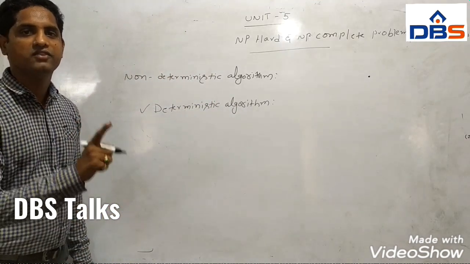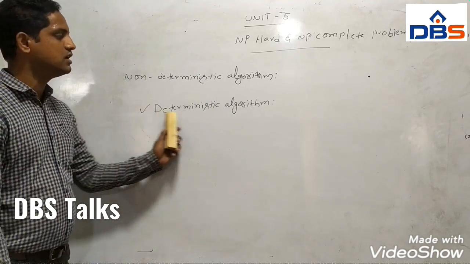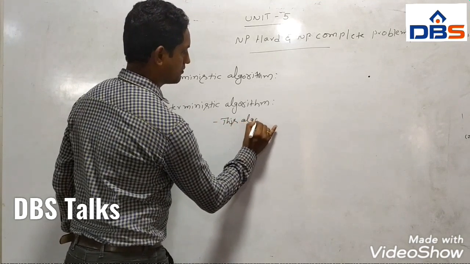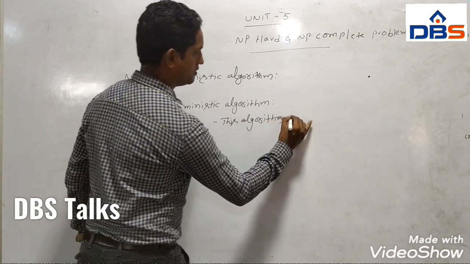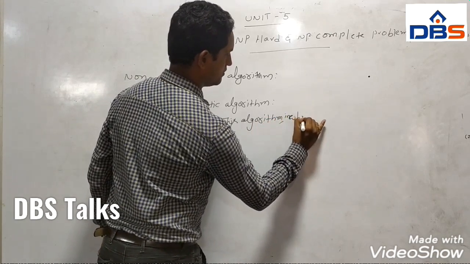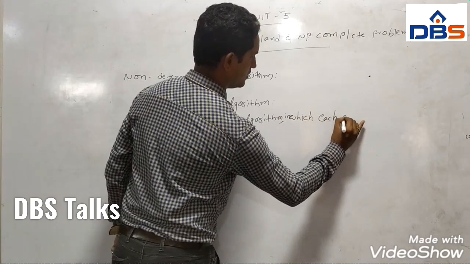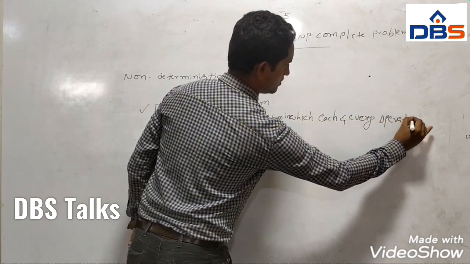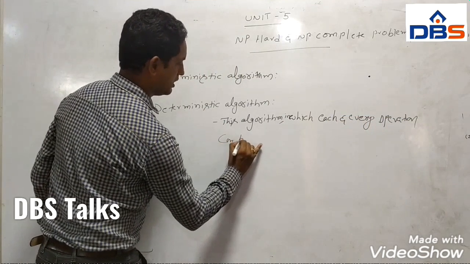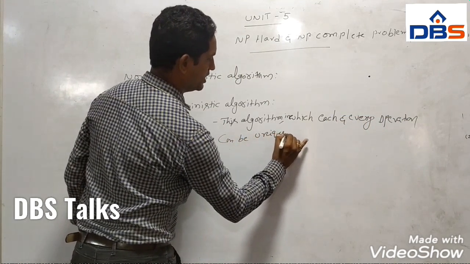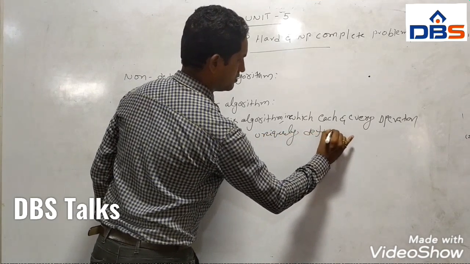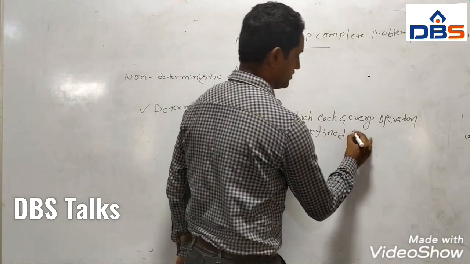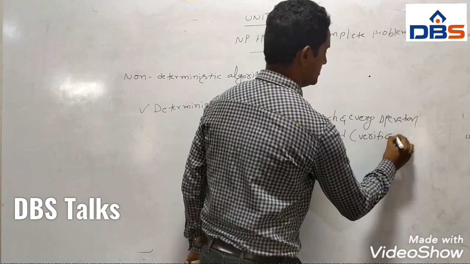That is uniquely defined, and such an algorithm is called a deterministic algorithm, and also it is called verification states.